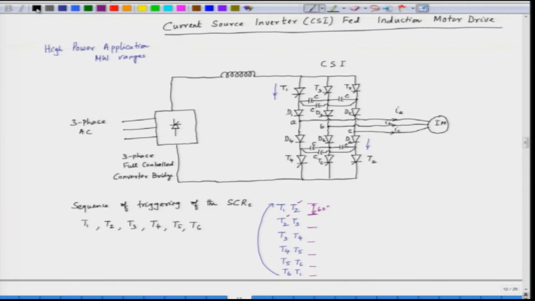As a result, the output current, if we plot IA against time or angle omega t, will be a quasi-rectangular waveform of this sort.